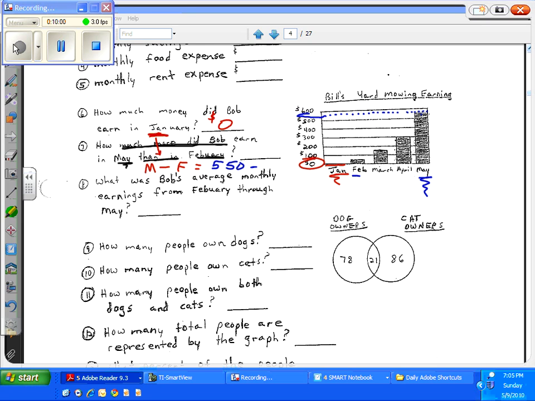In February, between 0 and $150, $50. $550 minus $50 would be $500 that he earned more in May than in February.